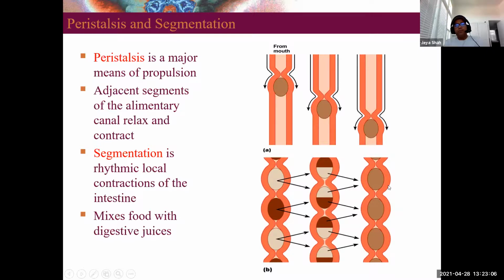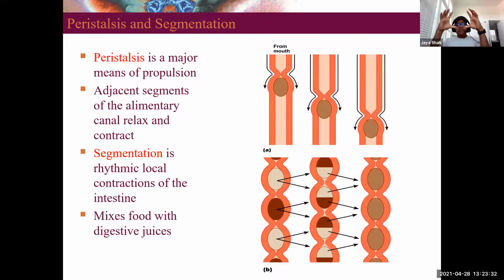Okay, so what do peristalsis and segmentation do in real life? Peristalsis is mainly the function of longitudinal muscles. Sorry, both peristalsis and segmentation are the function of the longitudinal and circular muscles, which you will see later.